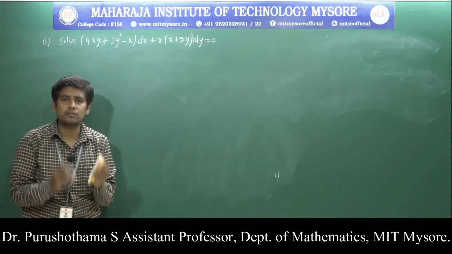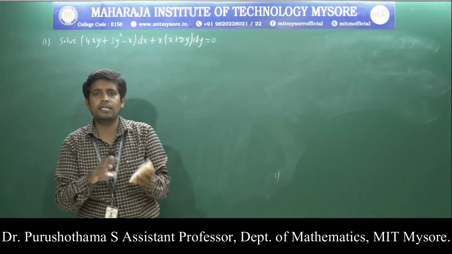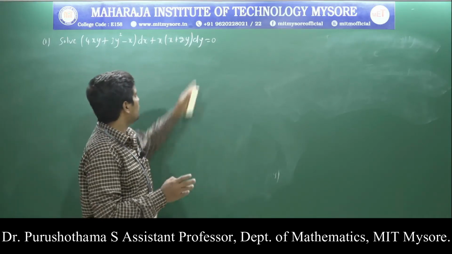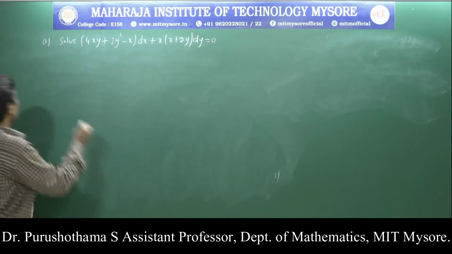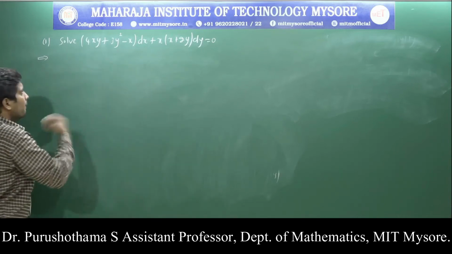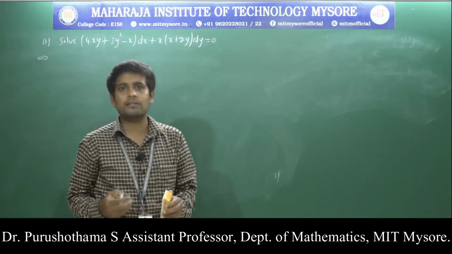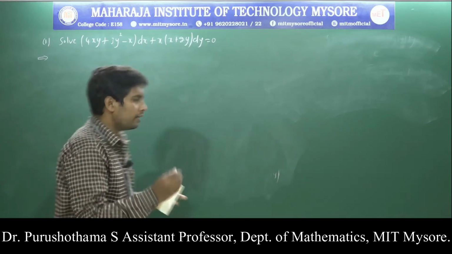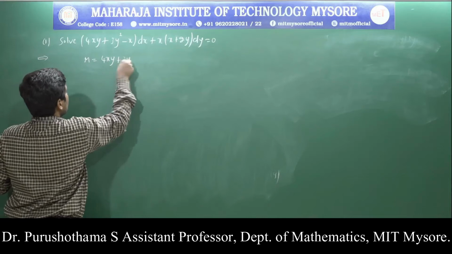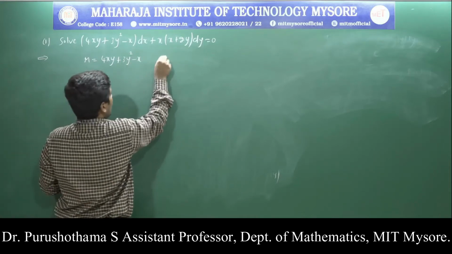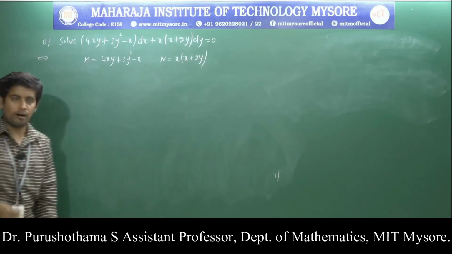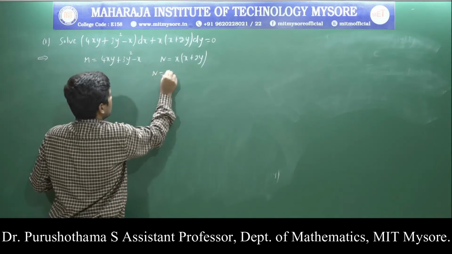The given equation is in the form M dx plus N dy, meaning the coefficient of dx is M and the coefficient of dy is N. After comparing with the exact differential equation form, M is equal to 4xy plus 3y square minus x, and N is equal to x(x plus 2y), which is the same as x square plus 2xy.